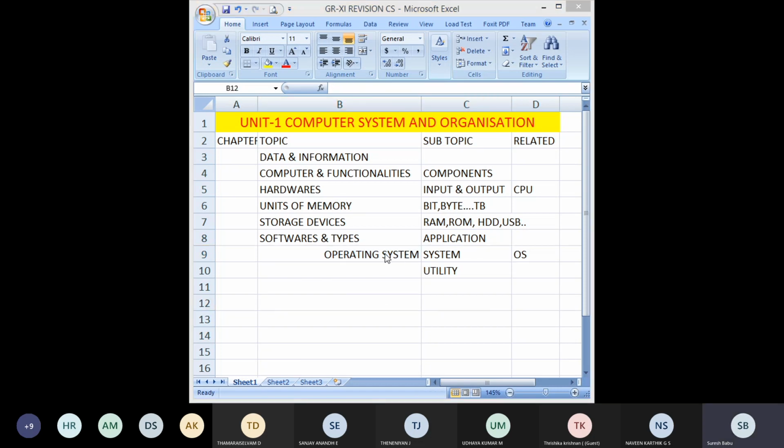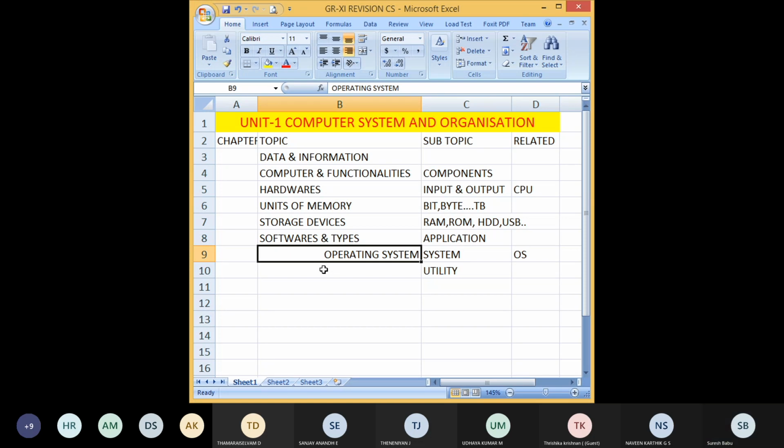Not only the operating system, system software also has language processors, like compiler, interpreter, and assembler. These language processors convert your coding, a high level language, into machine level language. Kindly note down that also.